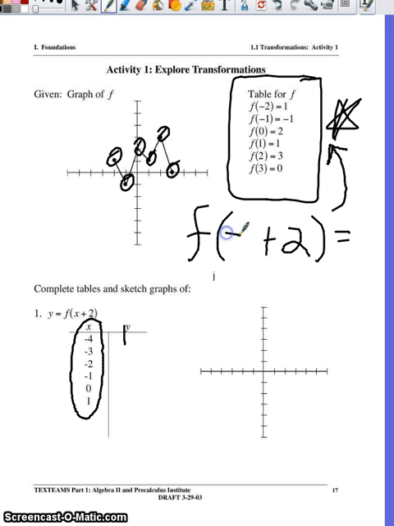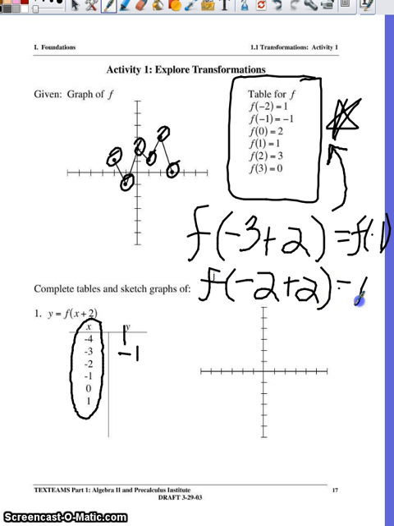I have f of negative 3 plus 2, and negative 3 plus 2 is negative 1. So f of negative 1, if I go back to my table, is again a negative 1. Then I'll have f of negative 2 plus 2, which is 0. So f of 0, going up to the table, is 2.